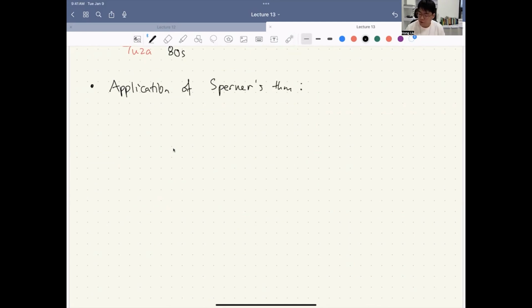Recall, Sperner's theorem says if you have A, which is an anti-chain in 2 to the n, meaning that no set in A contains another set in A, then the size of A is at most n choose n over 2, with maximum being the middle layer.